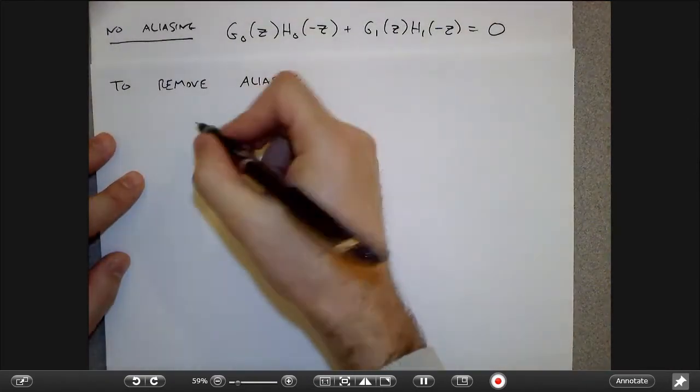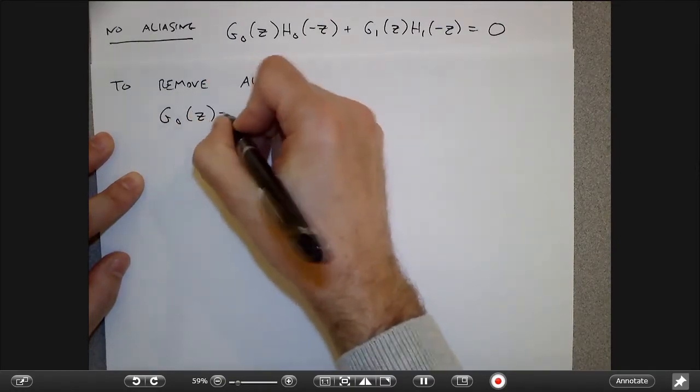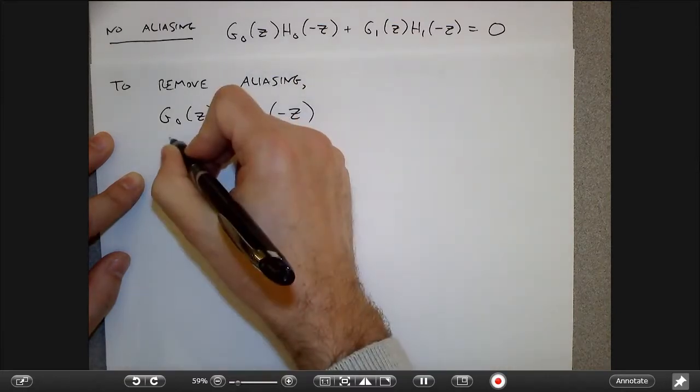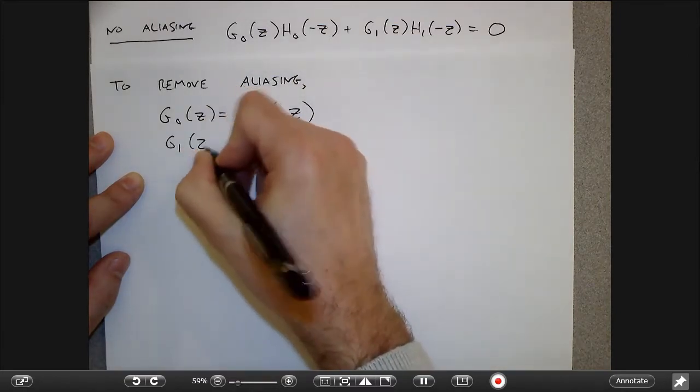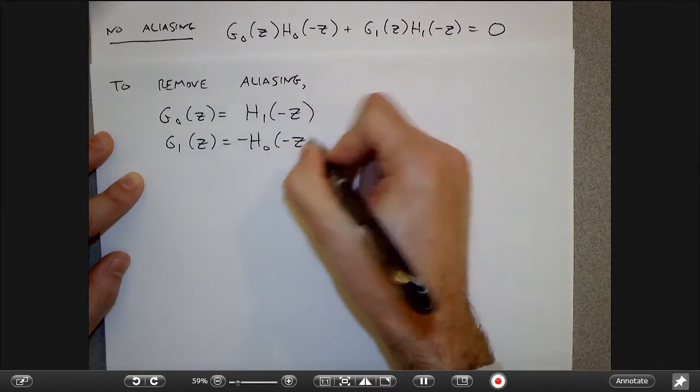So what I could do is say I am going to choose G0 of z to be equal to H1 of minus z.